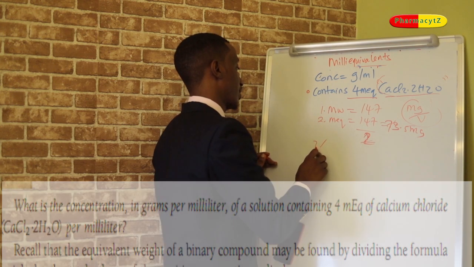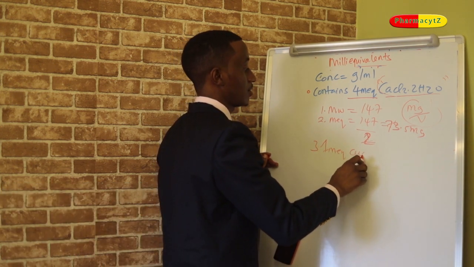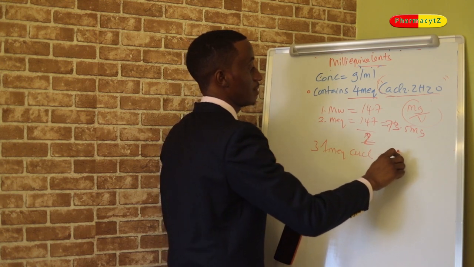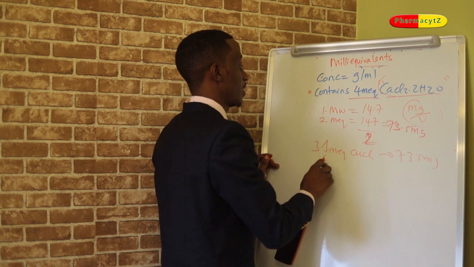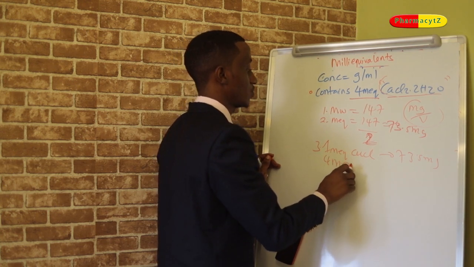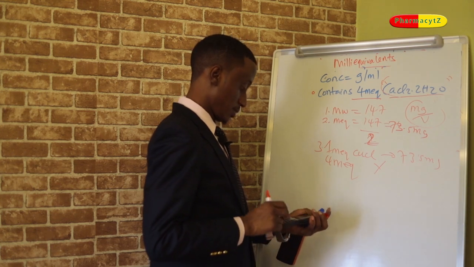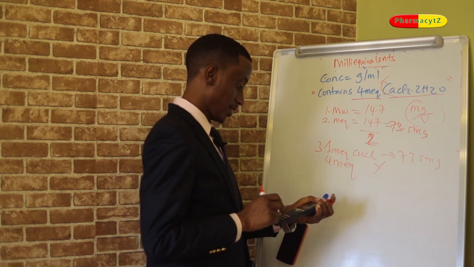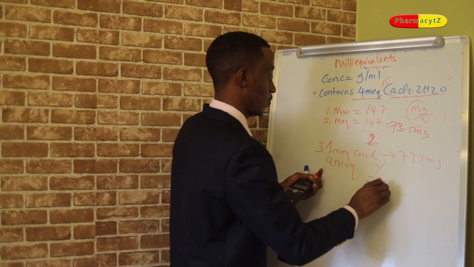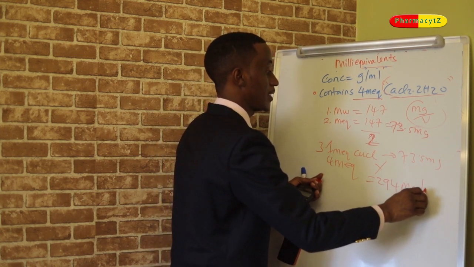So step 3, if 1 milliequivalent calcium chloride is provided by 73.5 mg, what about 4 milliequivalents given in solution? Then cross multiply. Then 4 times 73.5, that is 294 milligrams per mil.